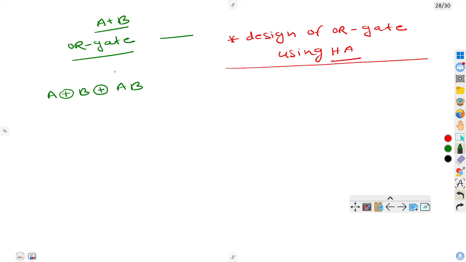I hope you are qualified students, meanwhile you are doing MTech or BTech, so definitely you must have an idea of Boolean algebra. With the help of Boolean algebra, you can break this expression. So don't watch this video right now, just try yourself. If you break this expression, what output will you get? Try yourself and then watch this video from here.